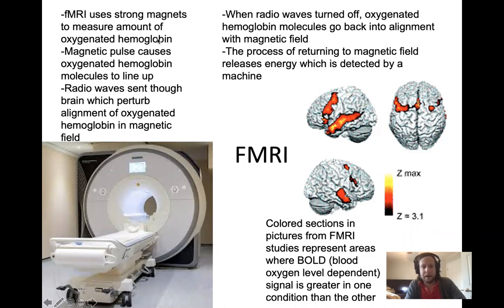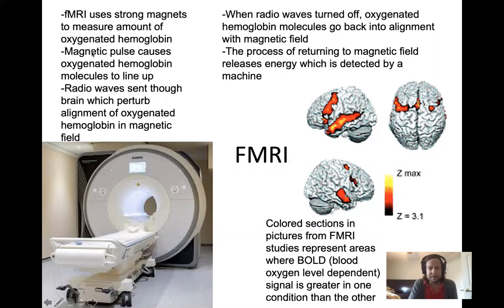Hemoglobin is a molecule which is in blood. And fMRI measures the amount of oxygenated hemoglobin compared to the amount of deoxygenated hemoglobin in the blood at a given region of the brain. The assumption here is that those regions of the brain which are most active are going to have a lot of oxygenated hemoglobin.